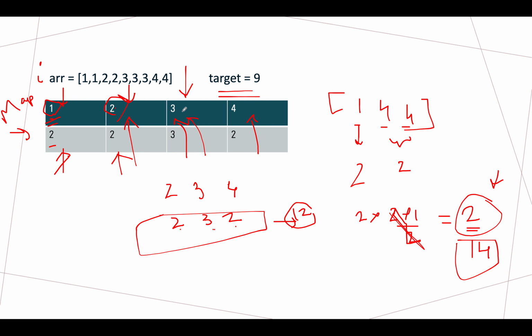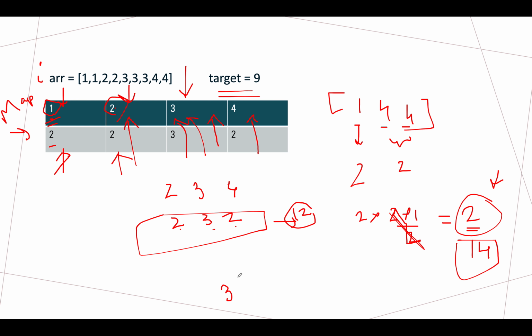Now we are at 3. And at 3 we will skip these elements since these are lower than this, and now we come here. So 3 plus 3 is 6, 9 minus 6 is again 3.